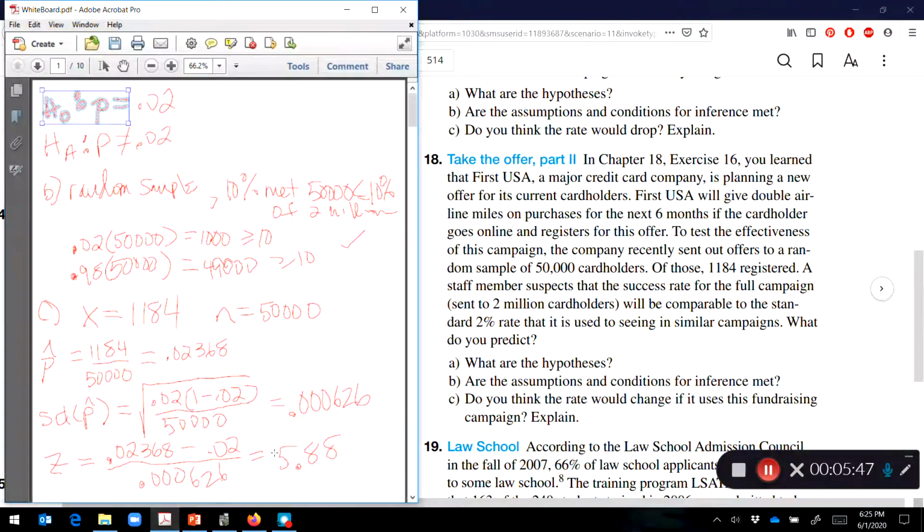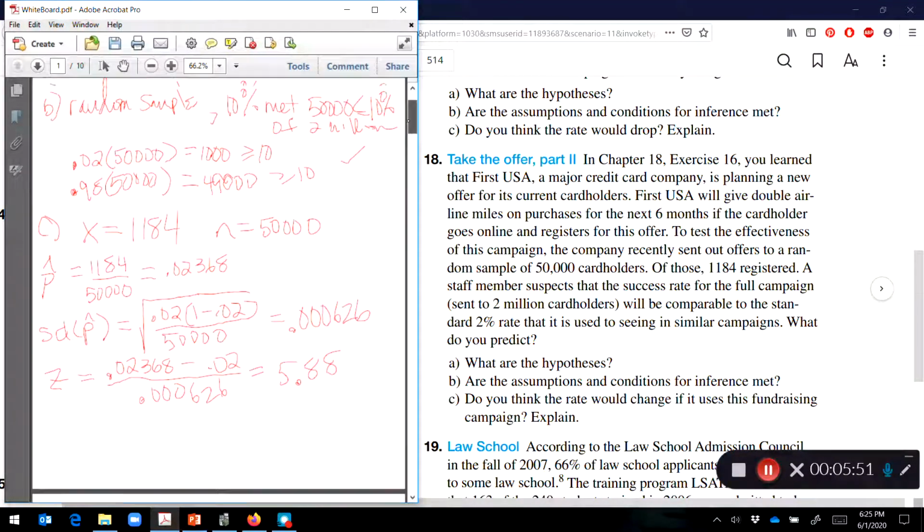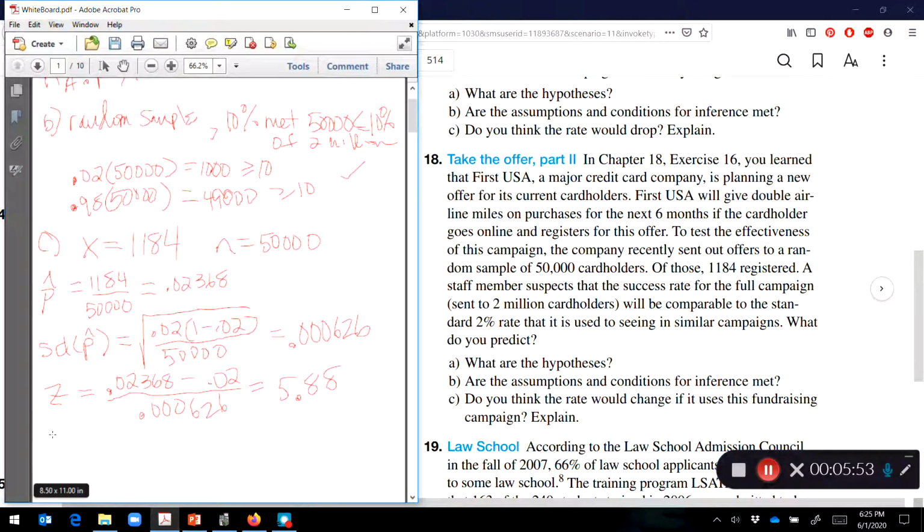Now, 5.88 is very large, so I'm pretty sure that we're going to have a probability that's less than alpha. But to find that probability, I'd use my calculator or the chart. If I'm using the chart, I look up the z-score of 5.88.